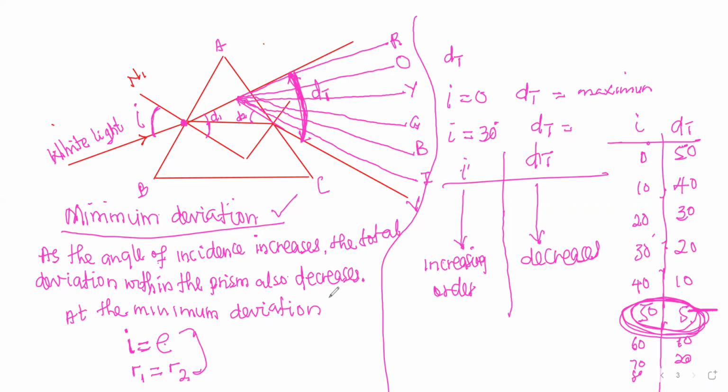So at the minimum deviation, theoretically, the ray passes through the prism symmetrically. It looks as if at the minimum deviation, the ray divides the prism into two. So we said that at the minimum deviation, one, the ray passes through the prism symmetrically.